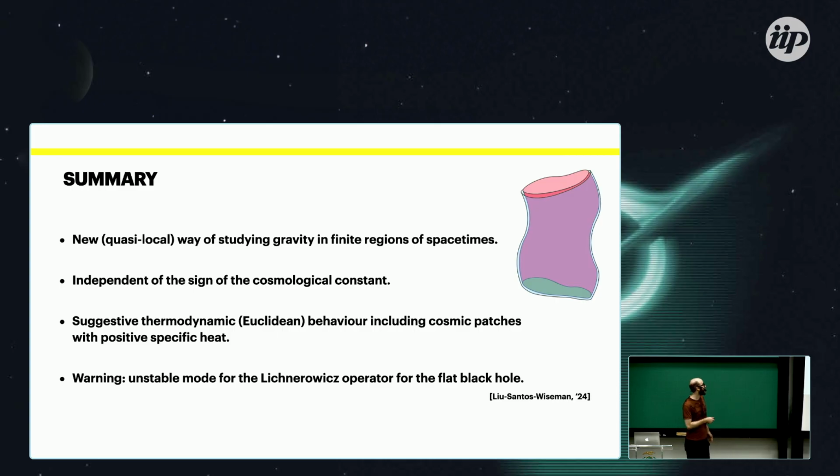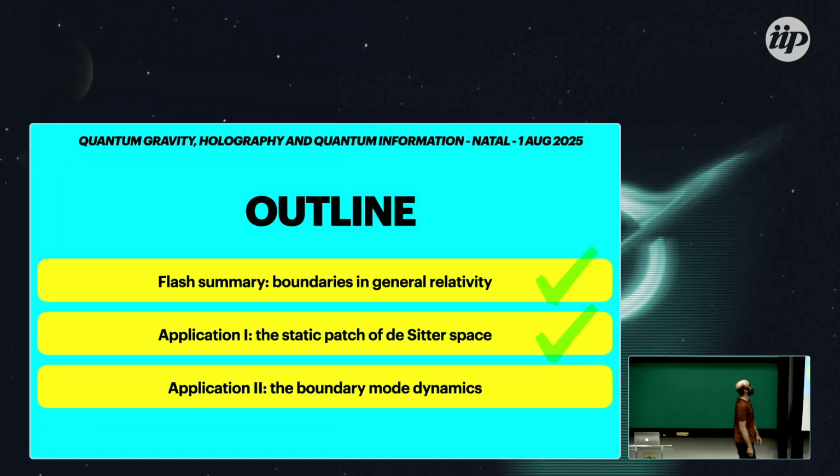So that might be related to the other instabilities that Roberto was asking about, but it's not completely clear what's the relation between these two types of instabilities. Okay, and so I'm done with 1 and 2.